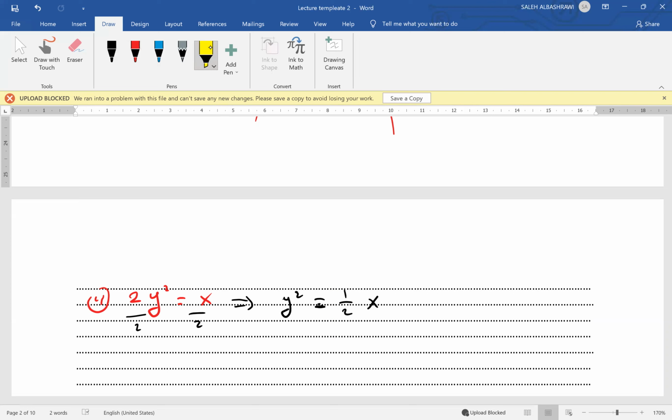Now I have y squared, which means we have a horizontal parabola. It will open either to the left or to the right. To check which direction, we have to write the general form of the equation. We know it is y squared equal to 4px.